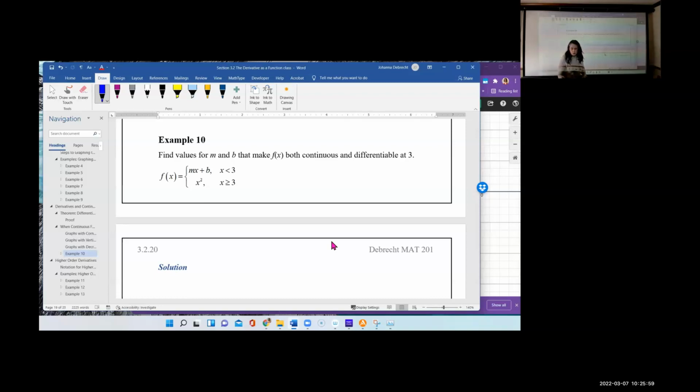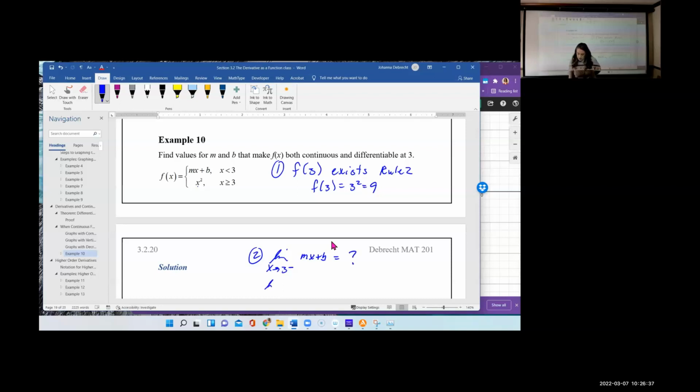So first off, remember your first rule is you have to prove that f of 3 exists. And it does. F of 3, we would use rule 2. And this would give me f of 3 is equal to 3 squared, which equals 9. And then for rule 2, I have to find the limit as x approaches 3 from the left, which is going to be the first rule, x less than 3, mx plus b, equal to some value.